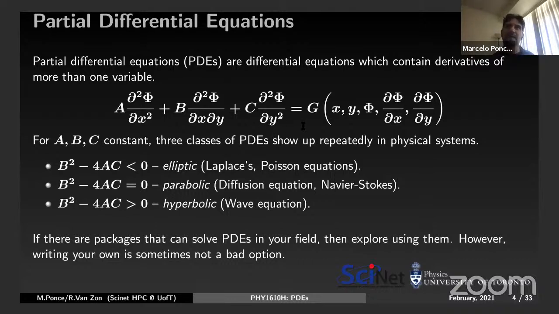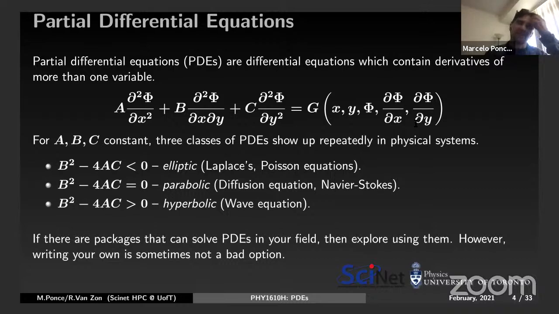But as I say, those linear terms can be represented by a dependency on the function g of x, y, the function itself, and the first derivatives of the function itself. So this is one of the most general ways in which you can generalize a second order differential equation, okay?